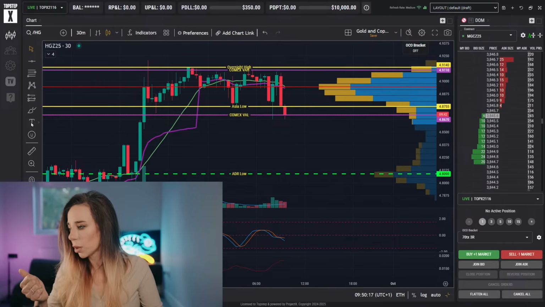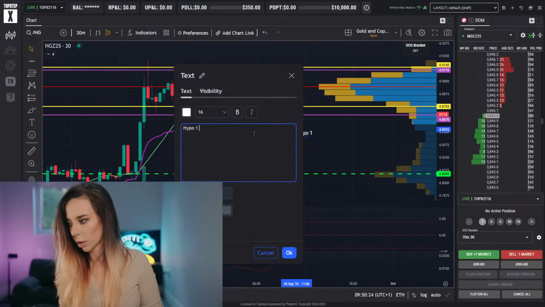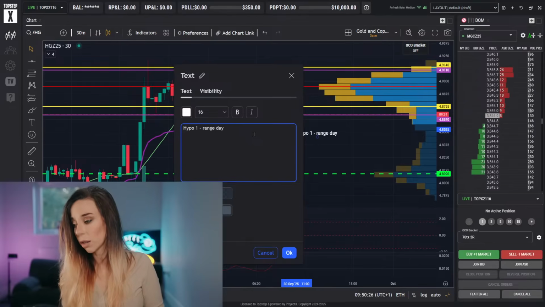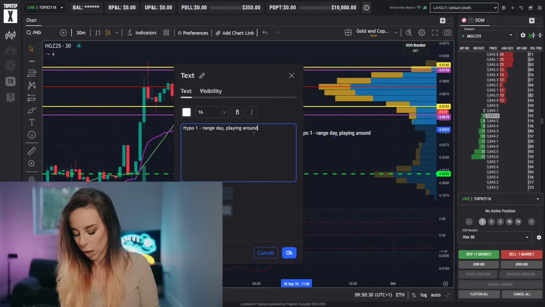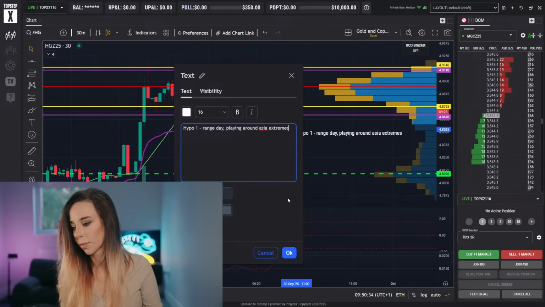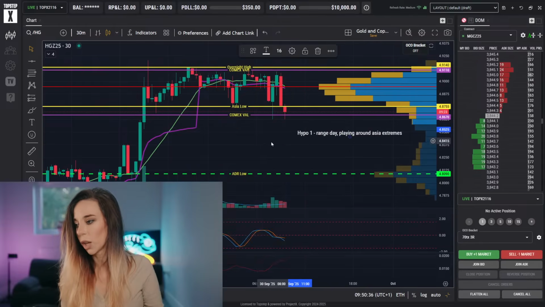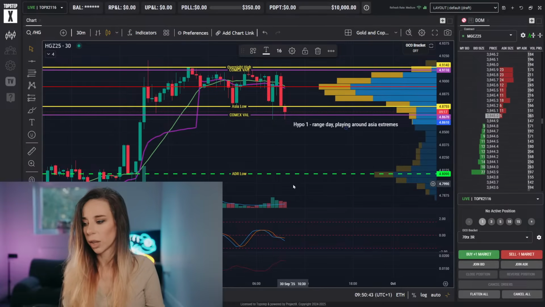So that will be hypothesis number 1. Range day, playing around Asia extremes.